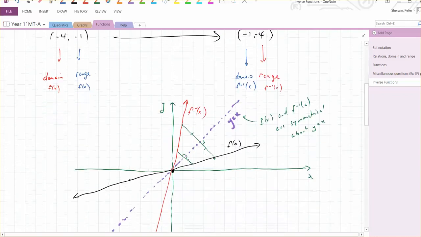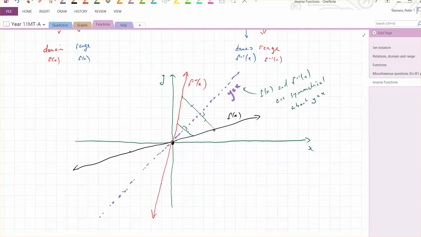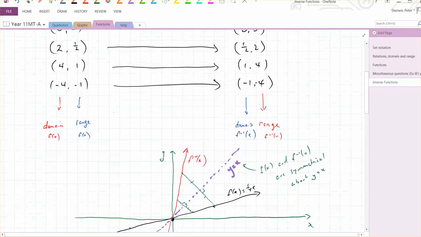Now, what I've done here is I've drawn these two functions. The black line is the function f of x equals a quarter x, and you'll recognise that as going through the origin, gradient a quarter. It's the points that we plotted here: 0, 0; 2, a half; 4, 1.